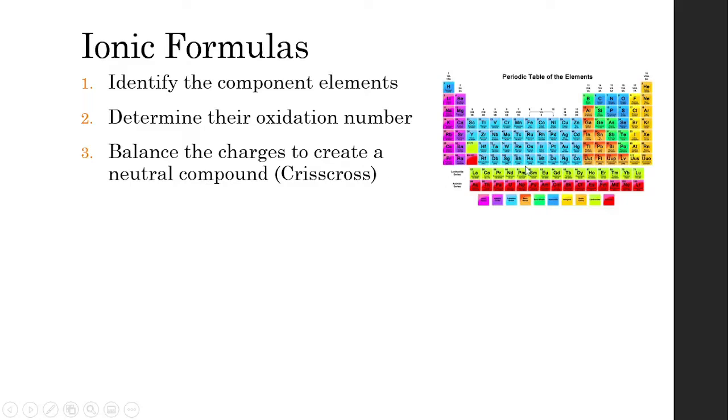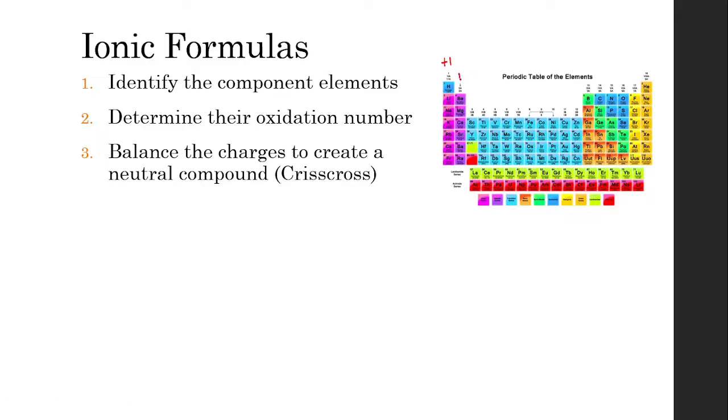We have our periodic table to guide us in determining the oxidation number. So one trick here is, remember that if the element is found in your group 1, you usually have a +1 charge on any of these elements right here. So for example, you would have your lithium +1, sodium +1, potassium +1.